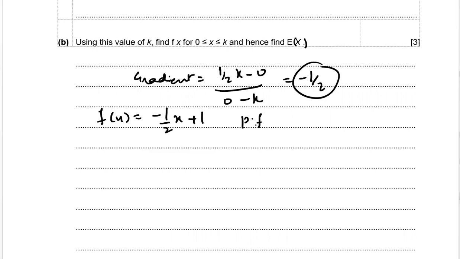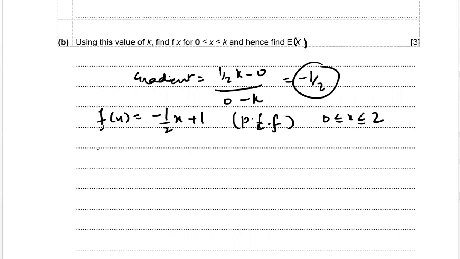as the PDF in the range of 0 and 2. Why 2? Because k is coming 2.